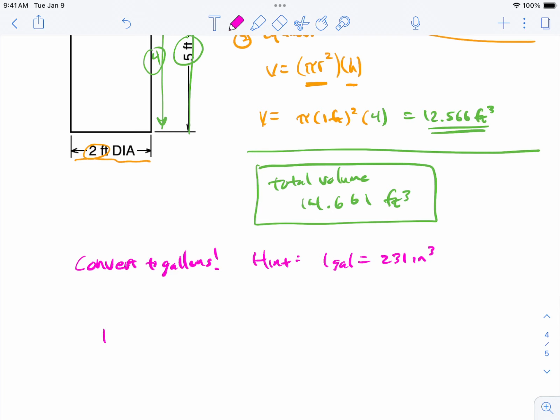Here's what I did. I took 14.661 cubic feet, put it over 1, and then I say, okay, well, 1 foot is the same as 12 inches. Now this is cubic feet that I want here, not just feet. So I need to make this cubic feet so I can cube the top and bottom of this thing, and it's still an equal. This fraction still simplifies to 1, but now the cubic feet can cancel.